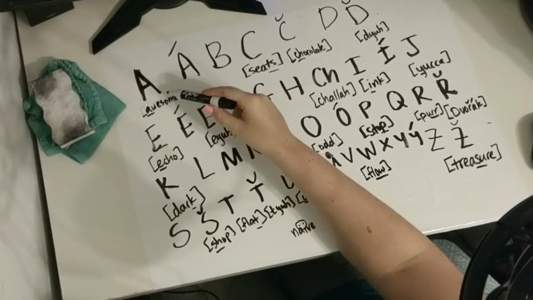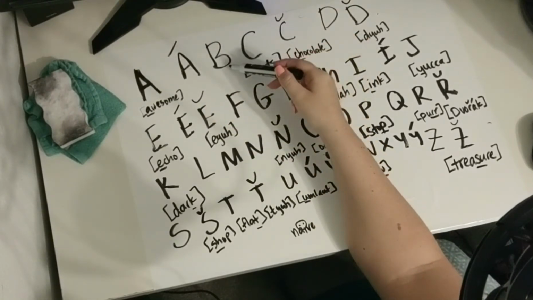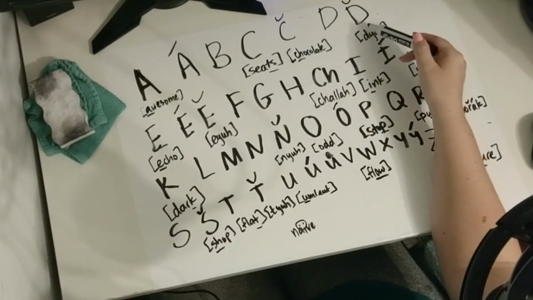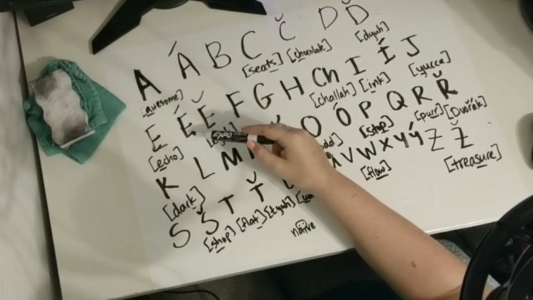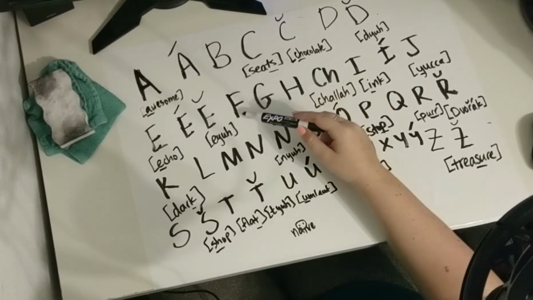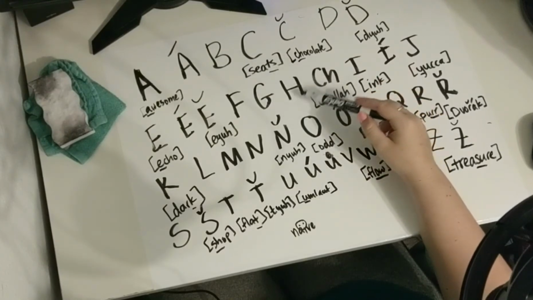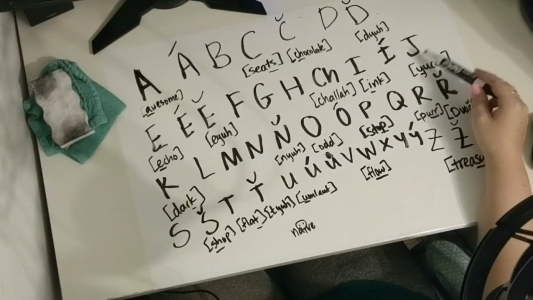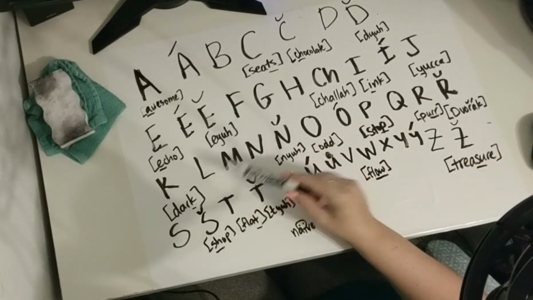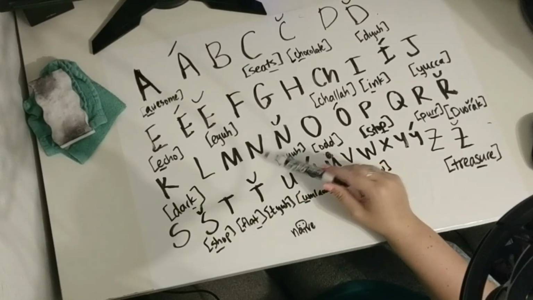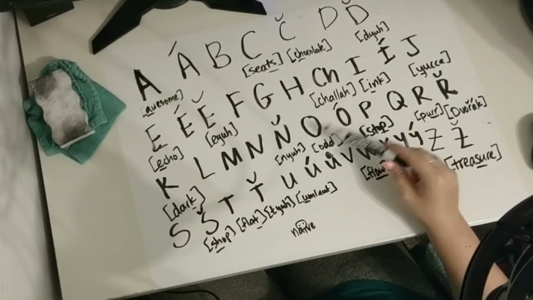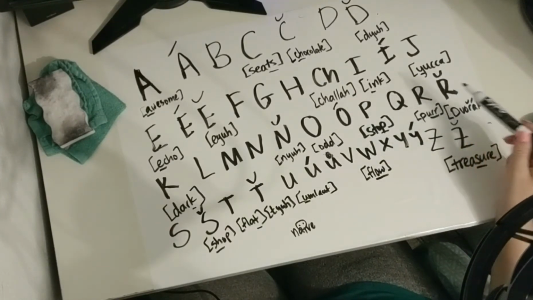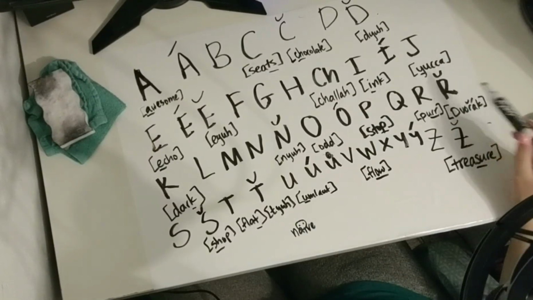So we have A, B, C, Č, D, Ď, E, Ě, F, G, H, Ch, I, Y, J, K, L, M, N, Ň, O, P, Q, R, Ř.